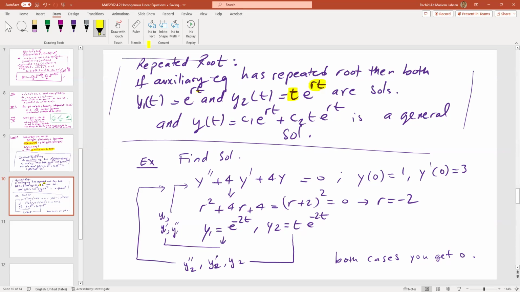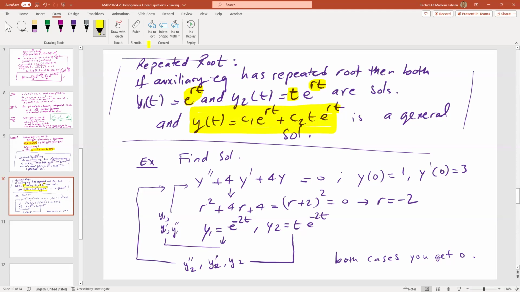So not necessarily thinking that it's e^(rt) and e^(rt), or e to the exponent rt, and the same. So that's the build up to this. And when you do this exercise, you're going to see that it works.